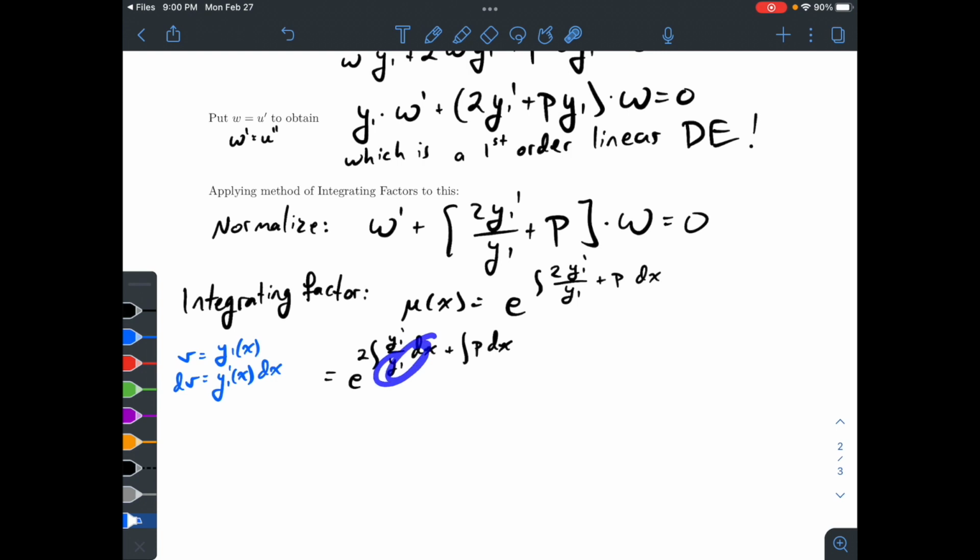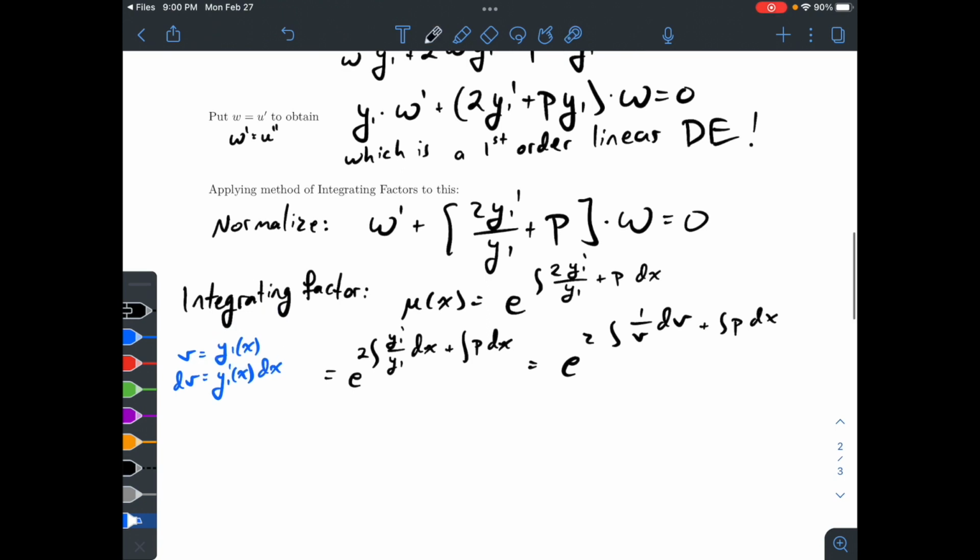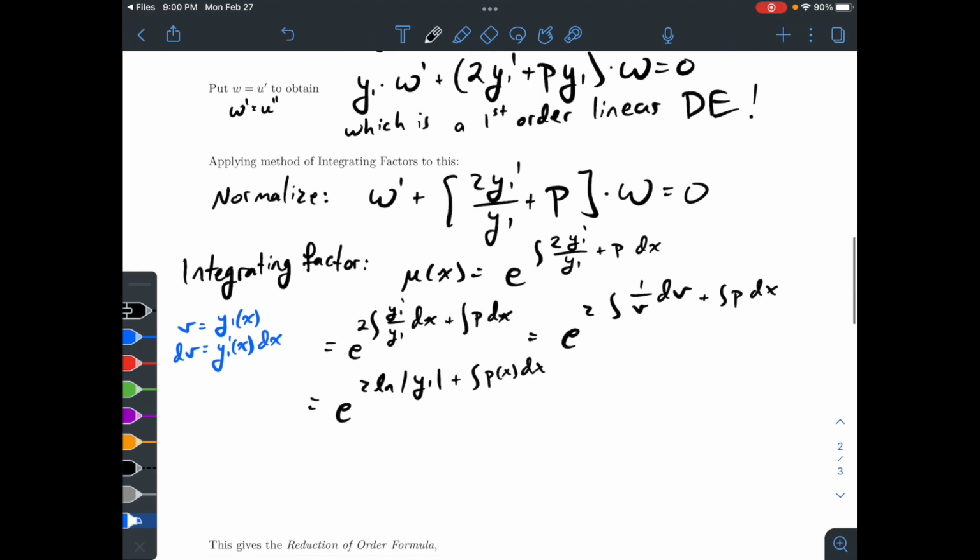And so if you do that, this would be equal to e to the 2 integral of 1 over v dv. And so this is going to give us ln of v, or ln of y1. So we get e to the 2 ln of absolute value of v, which is just y1, plus the integral of p of x dx.